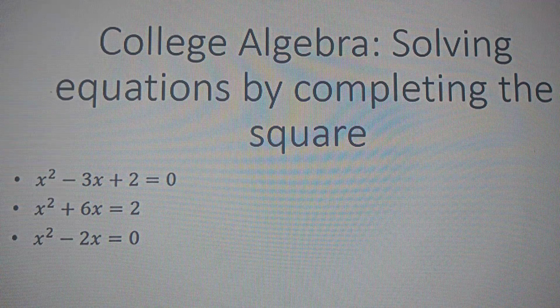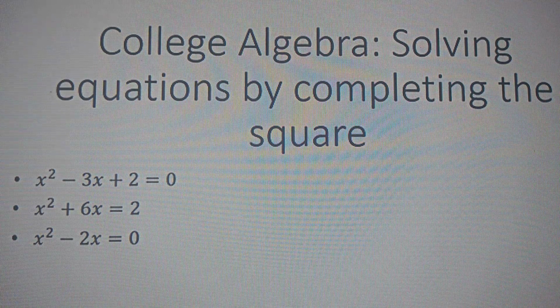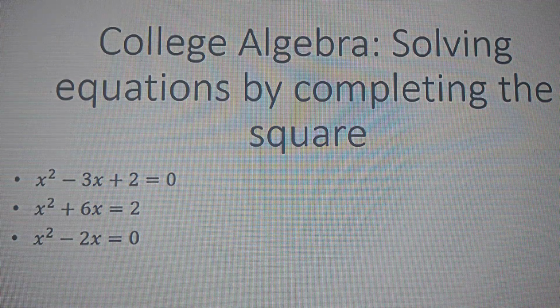So it is, let's rewrite it, x squared minus 3x plus 2. So that would be x squared minus 3x plus 2 is equal to 0.